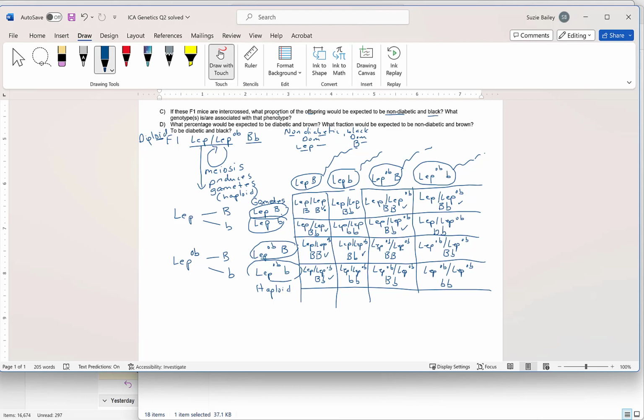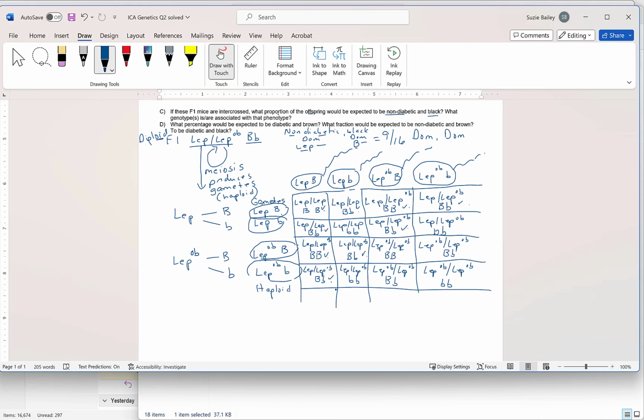And if we go through here and we count up all of our check marks, we should have 1, 2, 3, 4, 5, 6, 7, 8, 9 out of our 16 that have that dominant phenotype pattern.